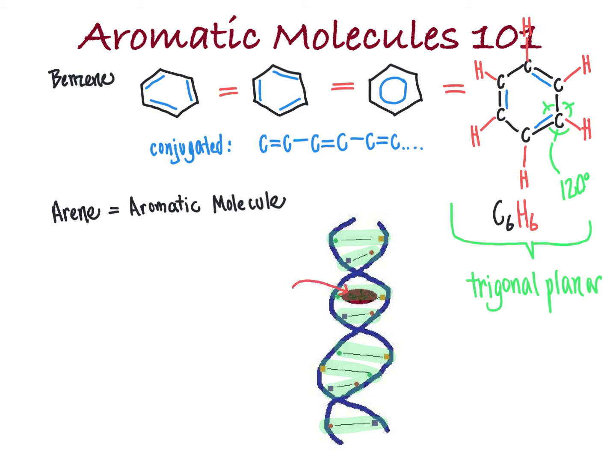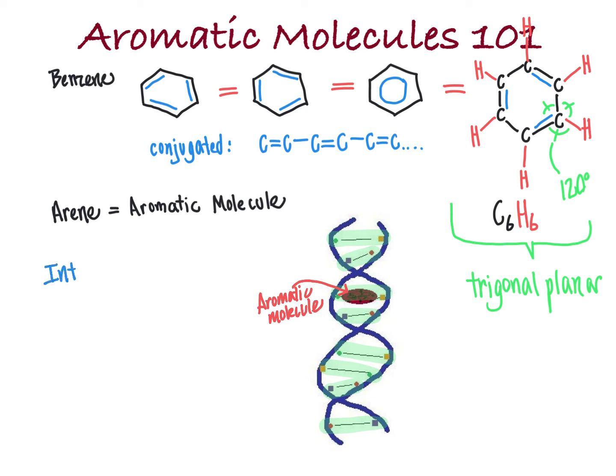This red or burgundy aromatic molecule has intercalated or wedged itself into the DNA double helix, resulting in damage to the DNA, and that can trigger a variety of diseases such as cancers and other maladies that come from DNA mutation. So the phenomenon where the DNA can be damaged by a planar structure wedging itself within that DNA is referred to as intercalation.